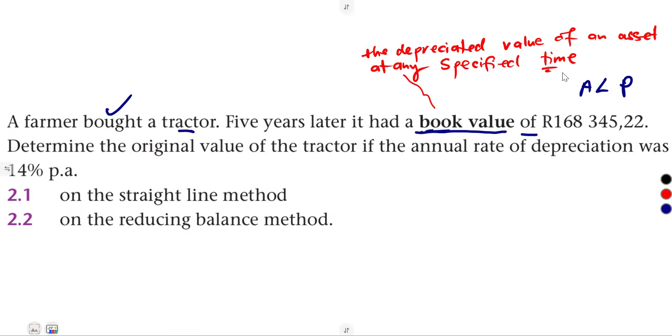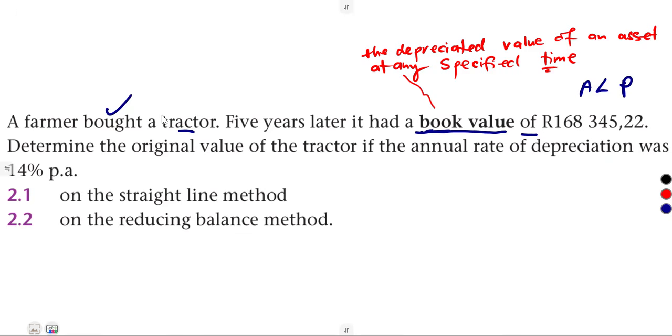For example, a car depreciates. You buy it today, tomorrow, as time goes on, it reduces in value, right? So this is the condition of the farmer that we have here.